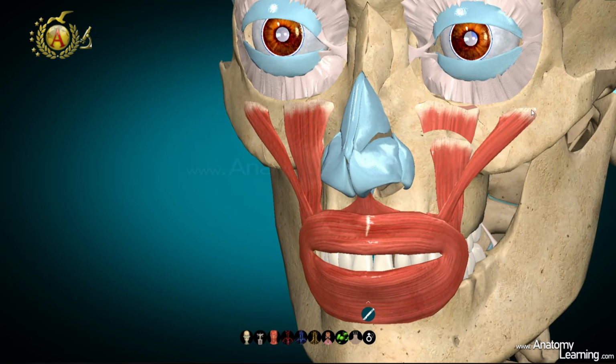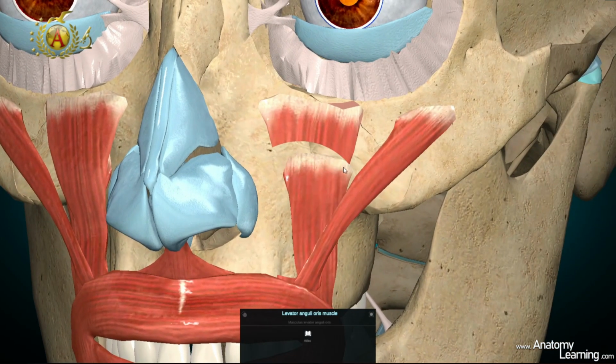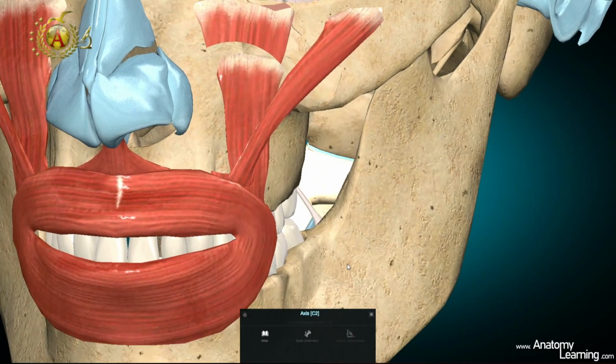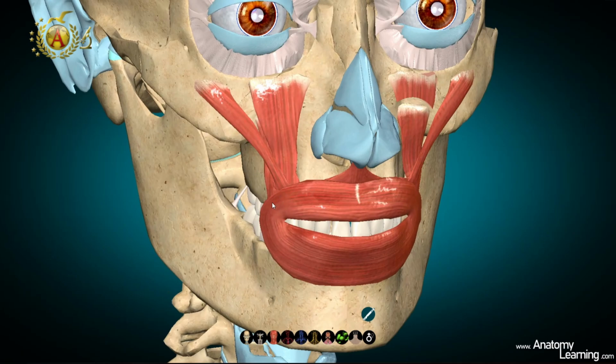The central head will insert below the orbital opening, while the medial head, joining with the myrtiform muscle, will insert on the frontal process of the maxilla. Inferiorly, the three heads will converge and insert on the lateral third of the labial rima. With their action, these muscles will lift and bring out the labial rima.